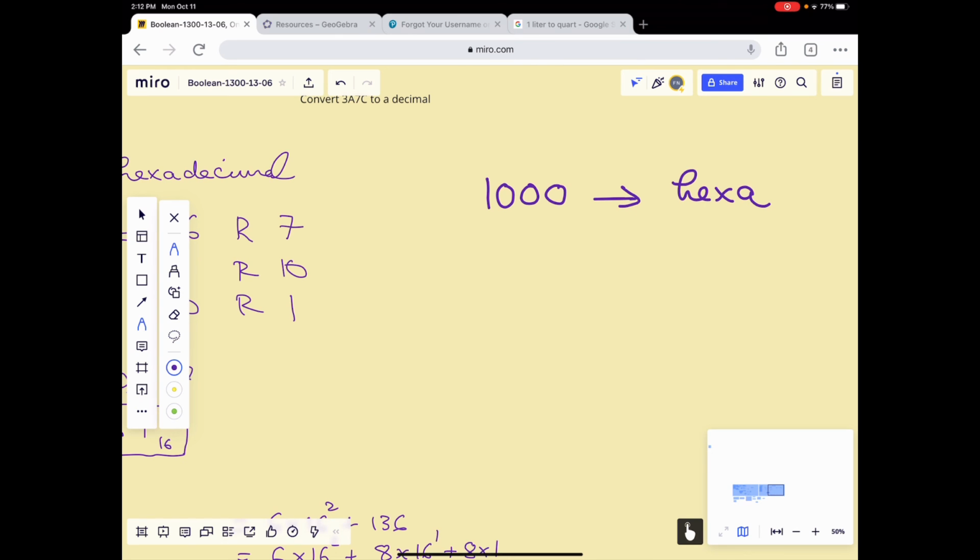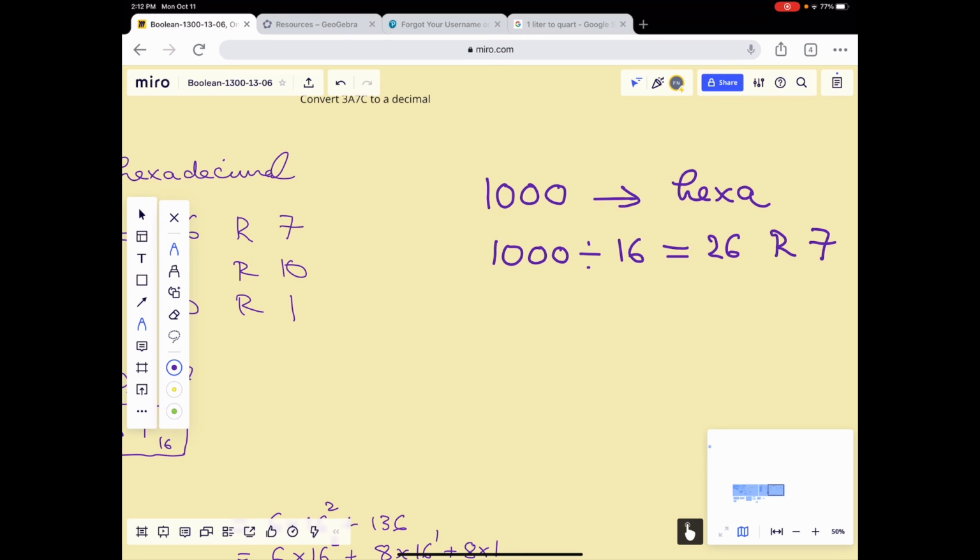So you take 1,000 divided by 16, and the answer is 62, and remainder is 8.